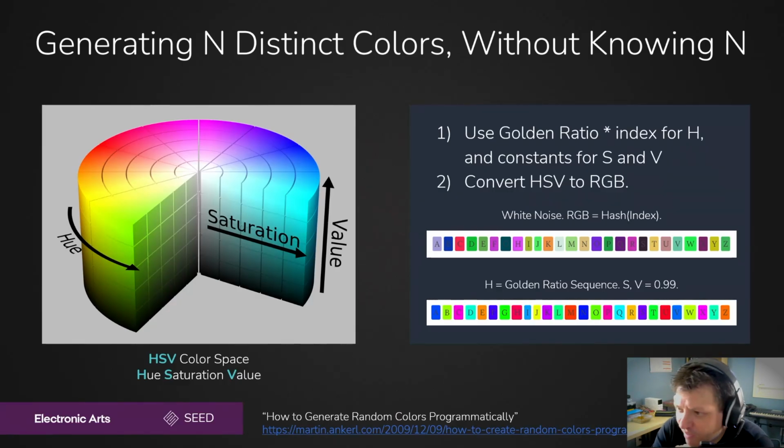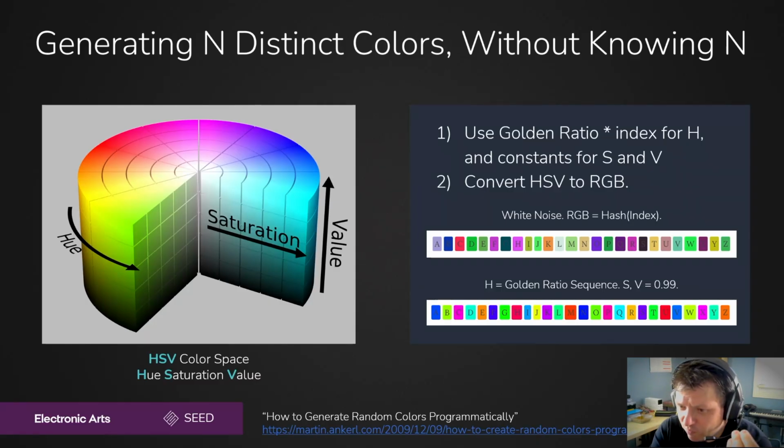Another way to do this is to look at the HSV color space, which is hue, saturation, and value, as shown in this diagram, and see that hue is actually a circle. Much like we did in the last slides with the golden ratio, we can sample that hue circle using the golden ratio sequence. Knowing how the golden ratio works, we know that each new sample we add is going to be in the largest gap between colors that currently exists.